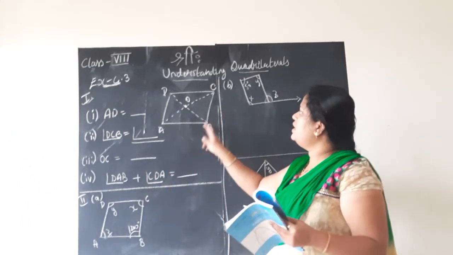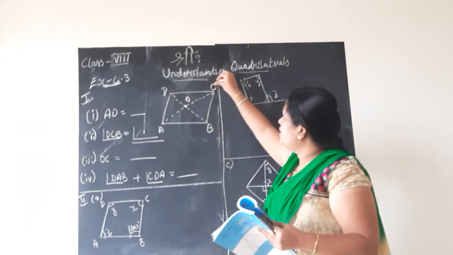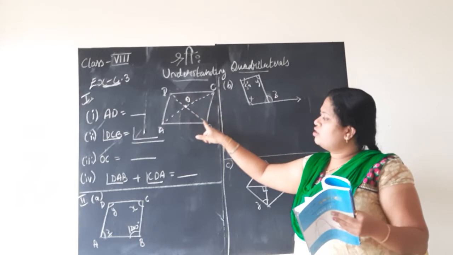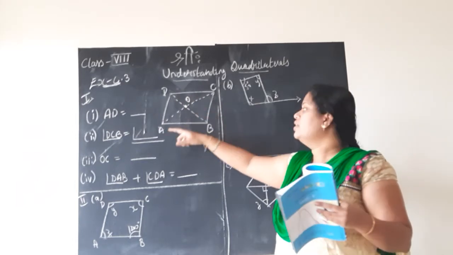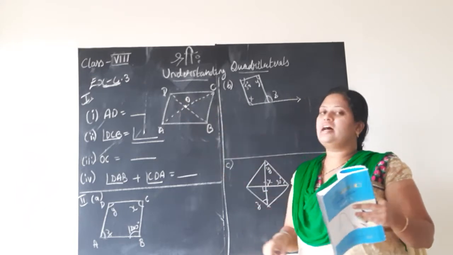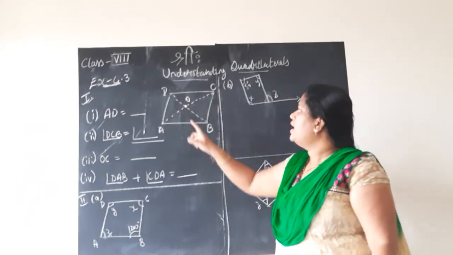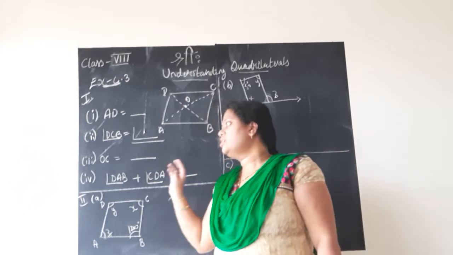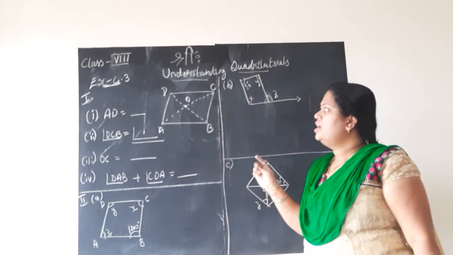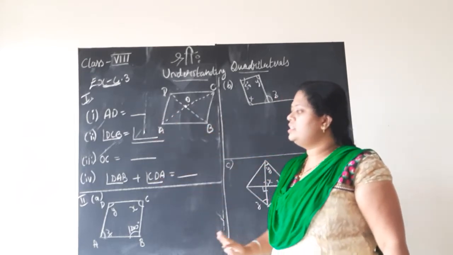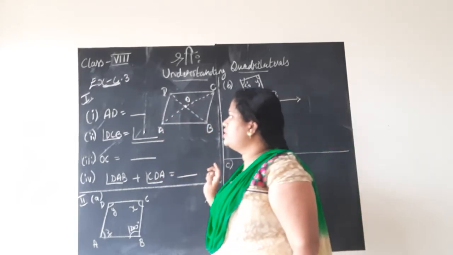So here ABCD is a quadrilateral, and if we join the opposite vertices of the parallelogram, these AC and BD are the diagonals we got, and they both are intersecting at point O. So this is about the parallelogram. Now we have learnt the properties. Based on that, we should just fill up these 4 blanks. That is your first main.